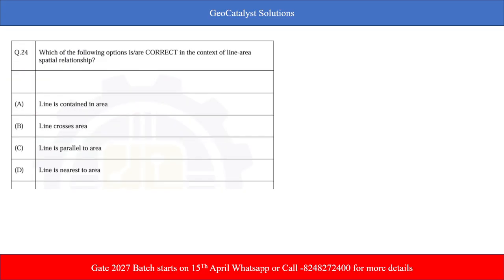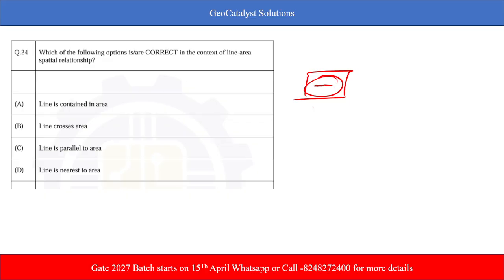Which of the following options are correct in the context of line area spatial relationship? They are asking which are valid always. Suppose this is an area. A line is contained in an area; this can be true.